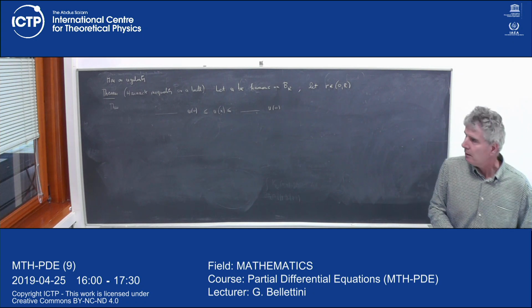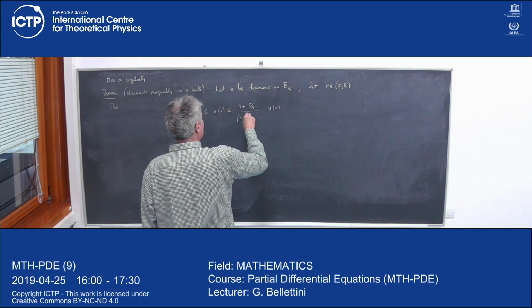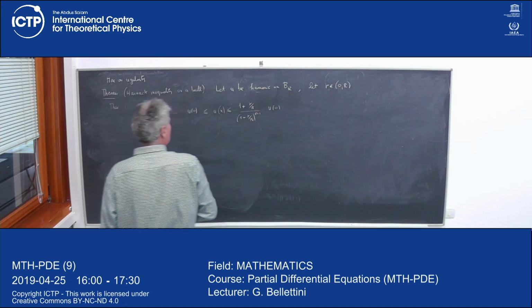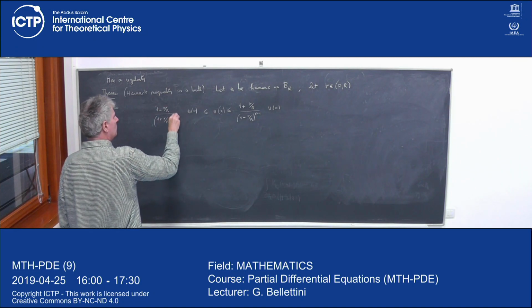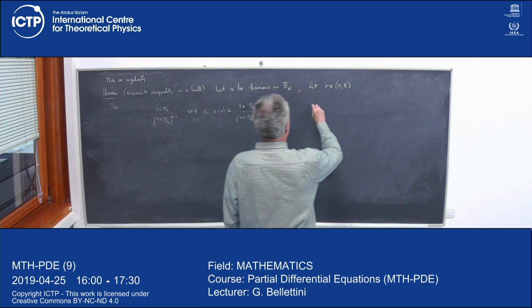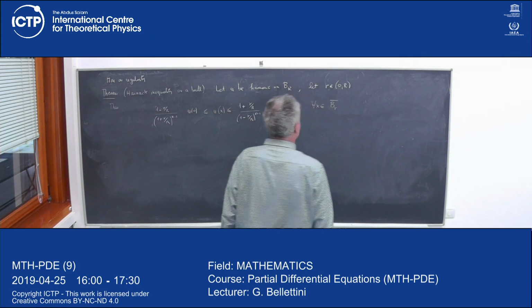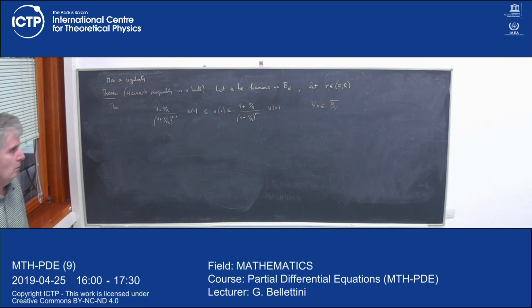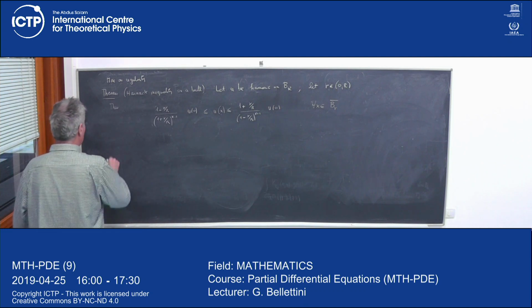But in any case, let me write it: (1 plus r over R) over (1 minus r over R) is larger or equal than u(x) over u(0) for any x in B_r.